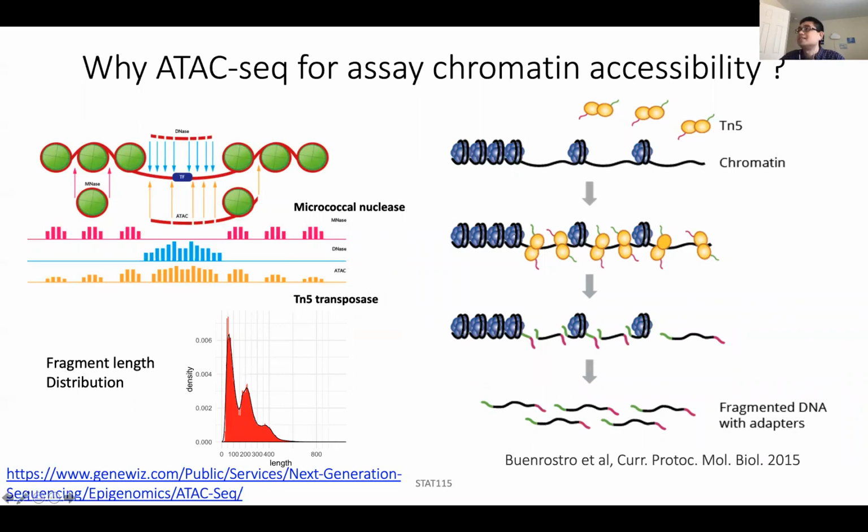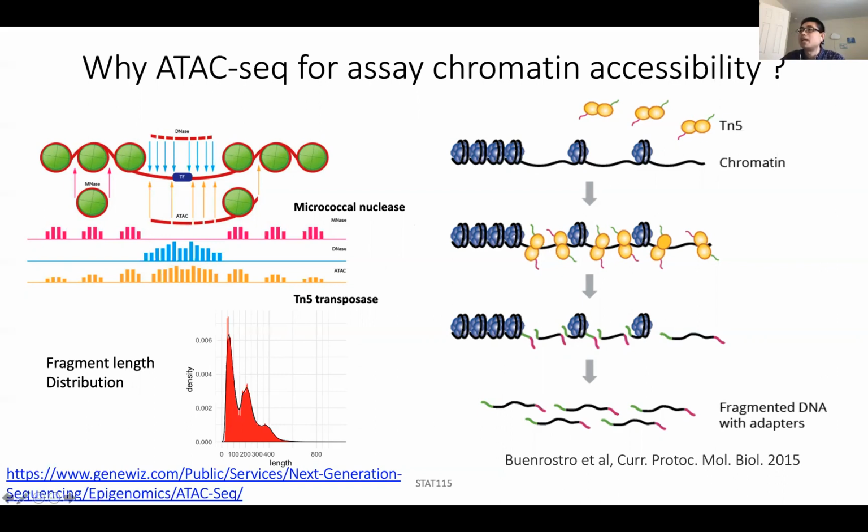It utilizes this hyperactive Tn5 transposase to cut the DNA which is open, and it inserts sequencing adapters into the chromatin regions. Then high throughput sequencing yields those reads that indicate this region of increased accessibility.